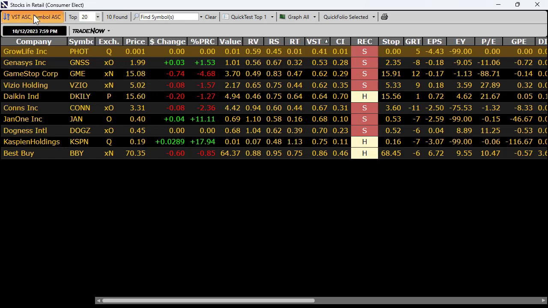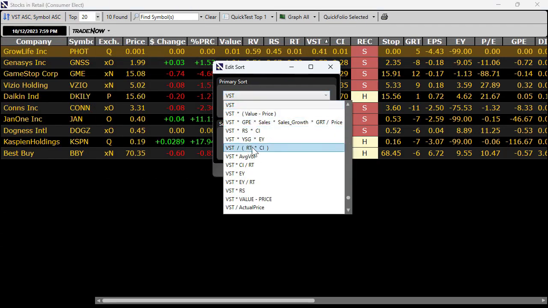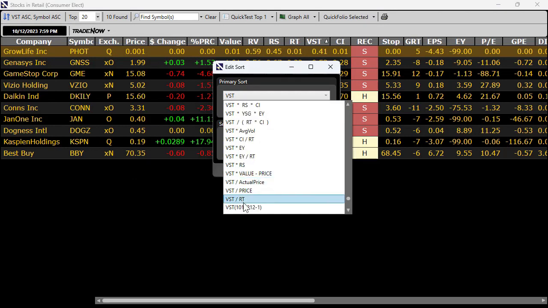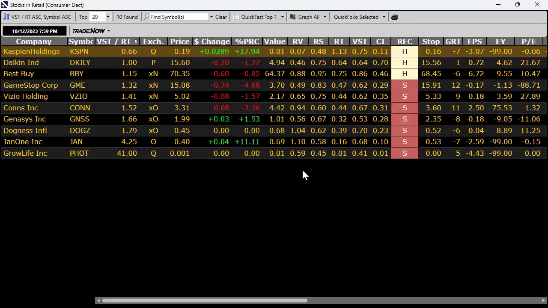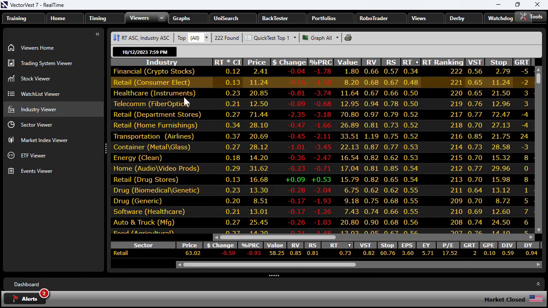So if I come up here to the sort, I can change the sort when I want to combine indicators. I can go VST divided by RT, descending. Now, relatively speaking, kind of in a bad example, but relatively speaking, these stocks have the highest VST compared to their RT. Let me show you a better way to do it.